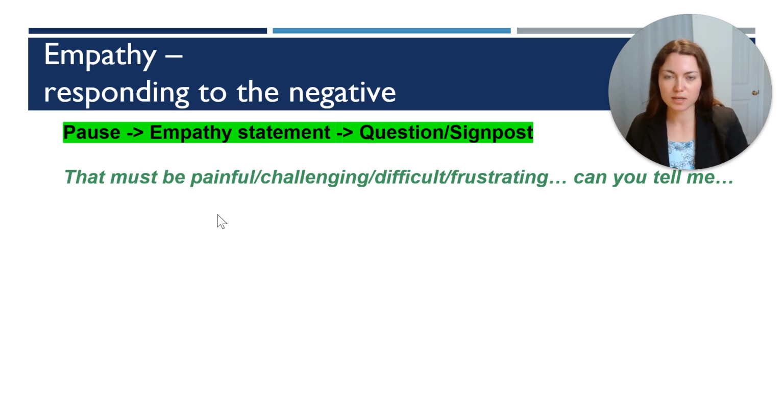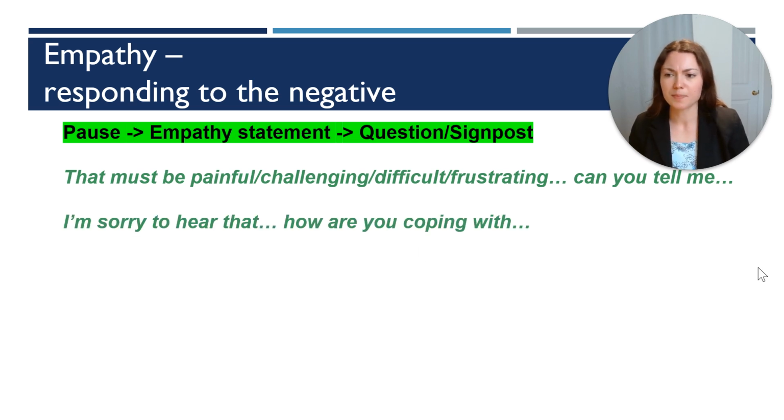So maybe they've said, I've been struggling with pain for the last 5 months. And you could say, oh, that must be frustrating. Can you tell me more about this pain? What does it look like? What does it feel like? So that phrase, that must be something, is a good one to use.